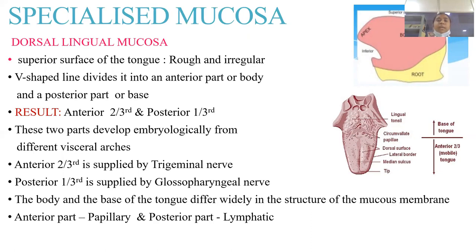These two parts develop embryologically from different visceral arches. Anterior 2/3 is supplied by trigeminal nerve, posterior 1/3 is supplied by glossopharyngeal nerve. The body and the base of the tongue differ widely in the structure of the mucous membrane. Anterior part is papillary and posterior part is lymphatic.